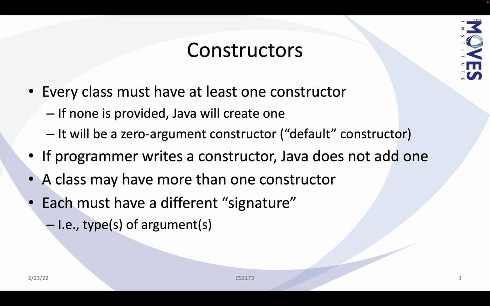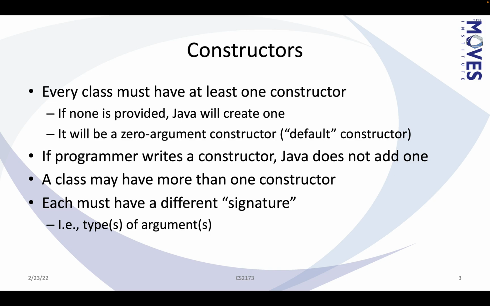If you don't write a constructor, Java will write one for you. So we've looked at that a little bit. If you write a constructor, though, then Java doesn't add theirs. So that's just something to understand. And as we've seen, a class can have more than one constructor, and many times that's a good idea. But you have to have a different signature.